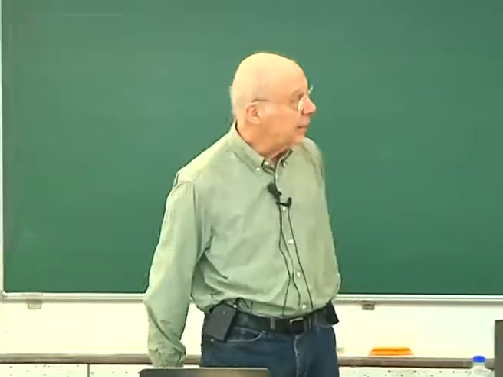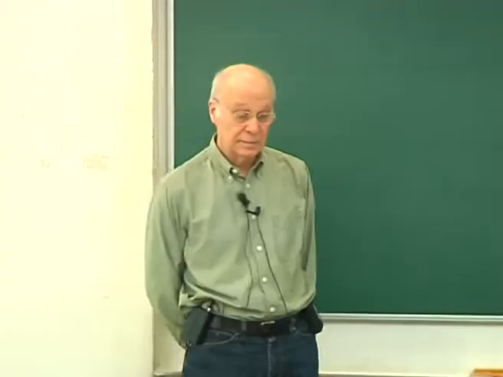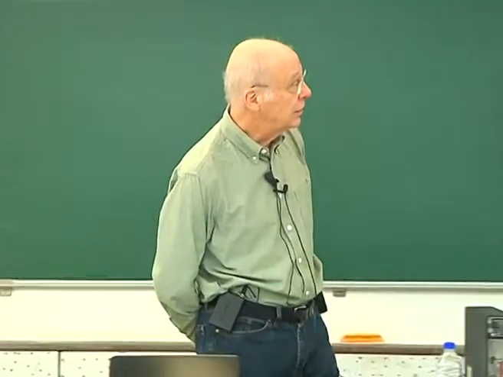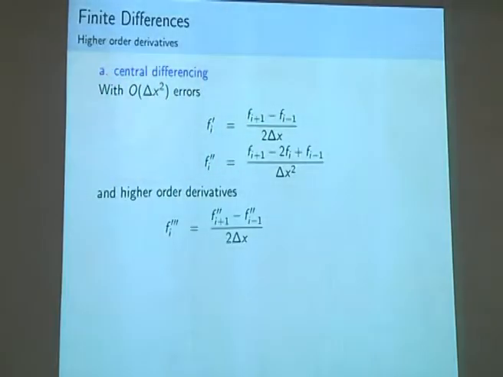Okay, so finite differences. We've had the simplest things, and let's look a little more. So we had the first derivative and the second derivative. Central differencing is a good idea because the accuracy is delta x squared. There are higher derivatives which occasionally you need.